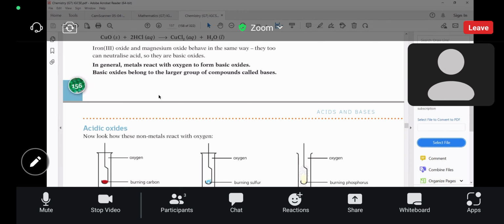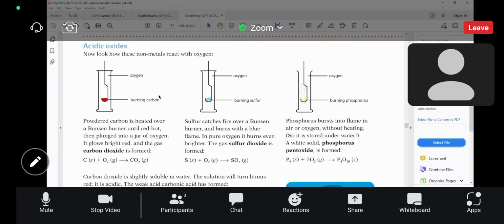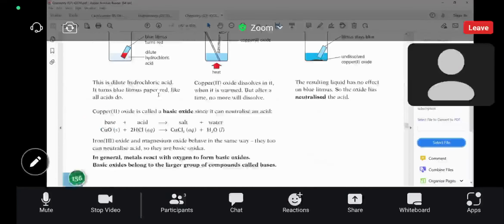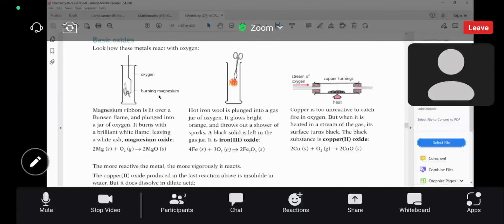Now tell me, what are basic oxides? Basic oxides: metal plus oxygen. Generally metal oxides are basic. Metal oxides show the properties of bases.